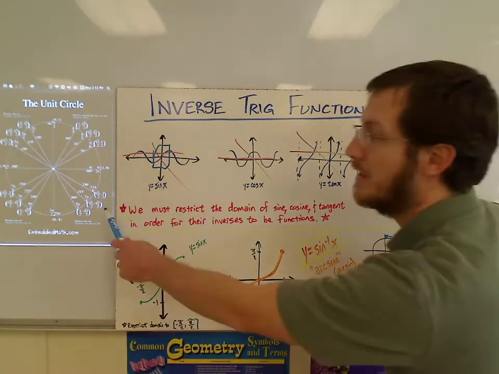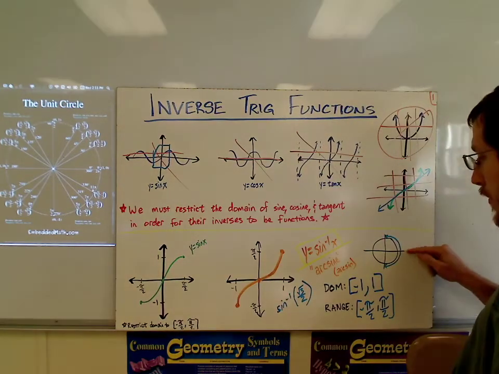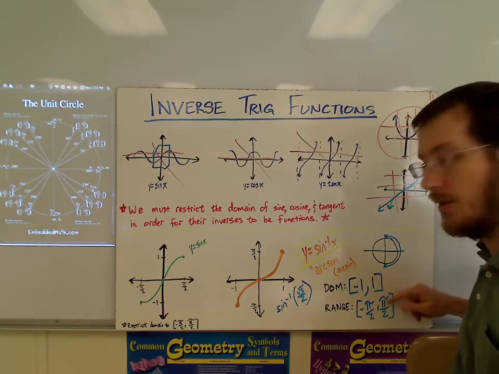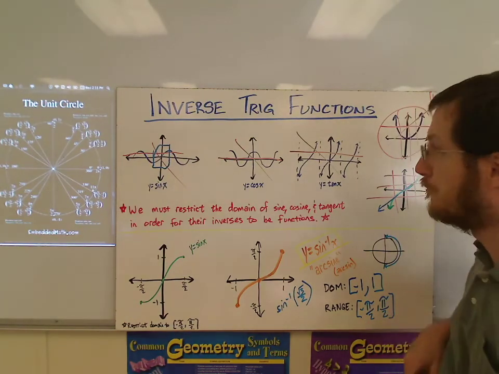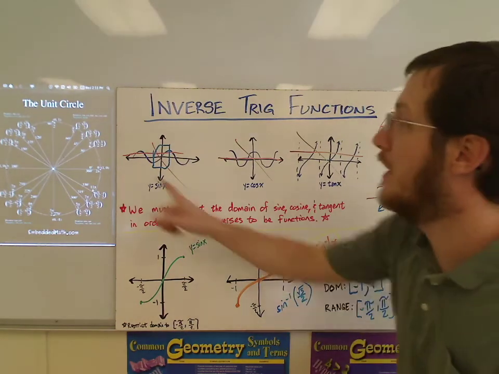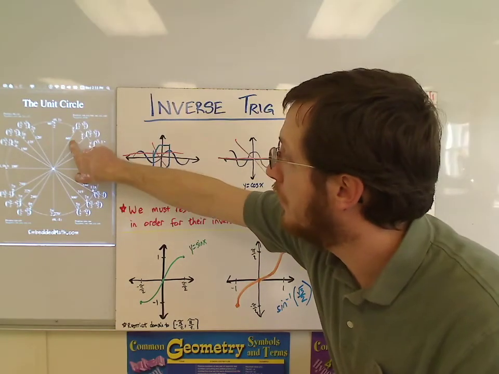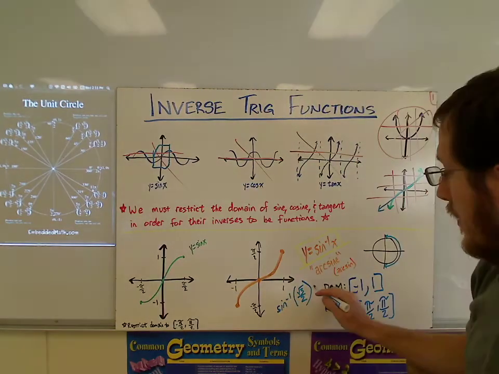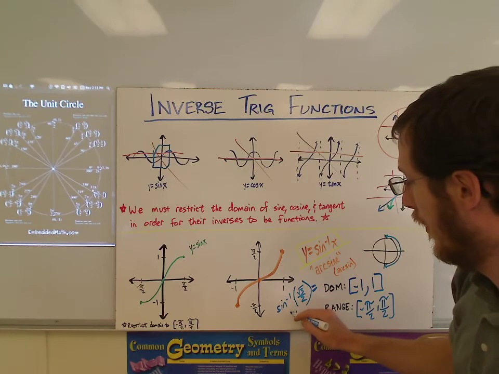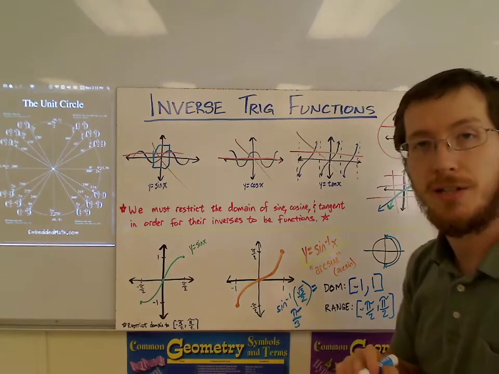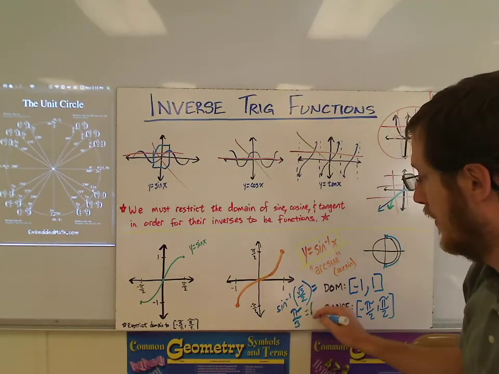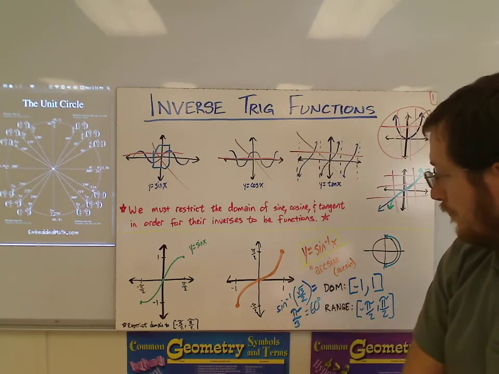So we wouldn't take them straight from our unit circle. We would start at 0 and go in the negative direction to negative pi over 2. Okay, so this sine would be positive. So pi over 3, or in degrees, 60 degrees. So this would be equal to pi over 3 if you're asked for it in radians, or 60 in degrees.